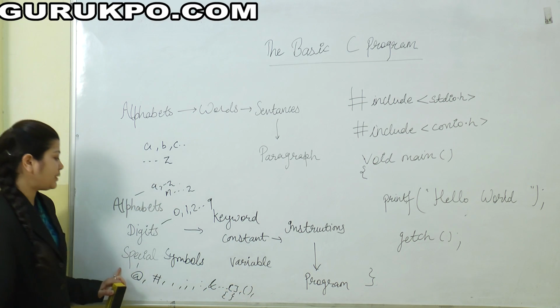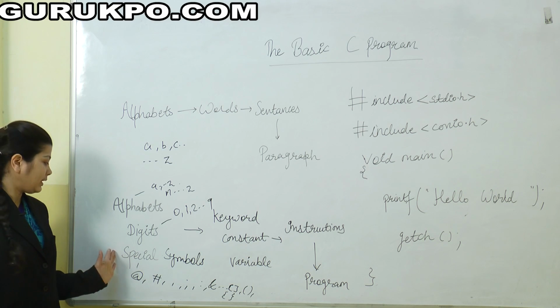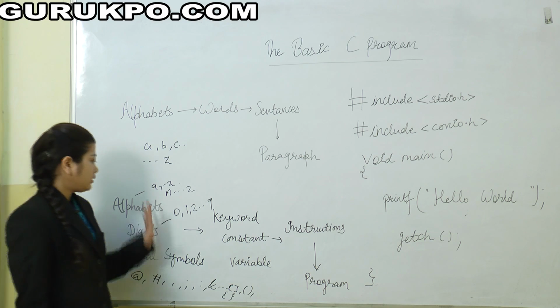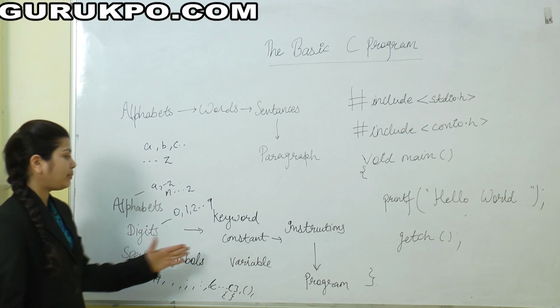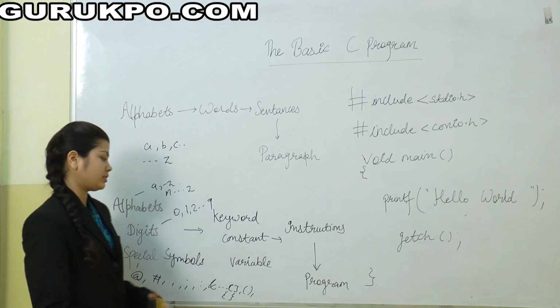All the special symbols are also included in this. The combination of alphabets, digits and special symbols makes the variables, constants and keywords.